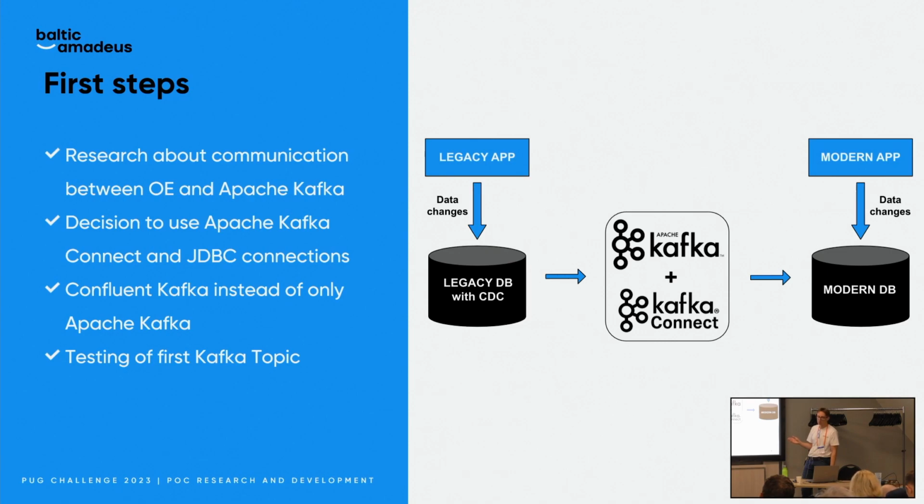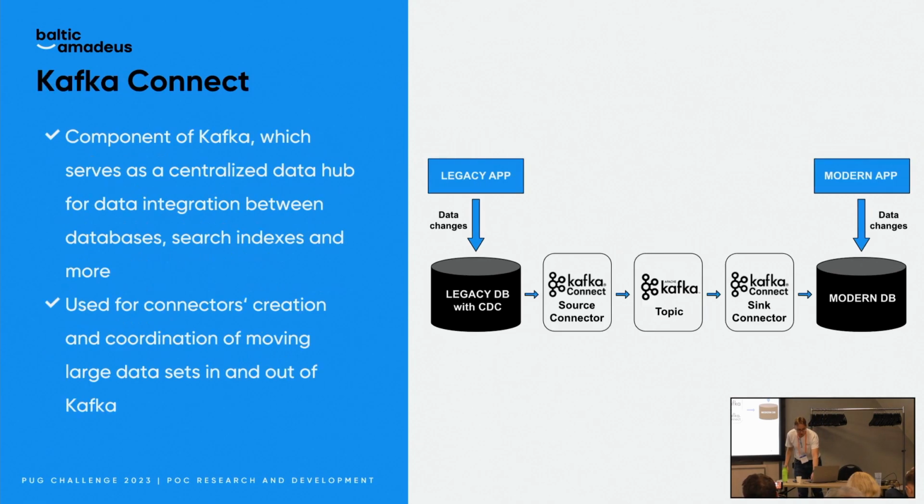And eventually, we tried to test the first Kafka topic. It was really simple. We didn't try to do anything with the CDC as of yet. We just wanted to put the information in Apache Kafka's topic. And another change here is Apache Kafka Connect.